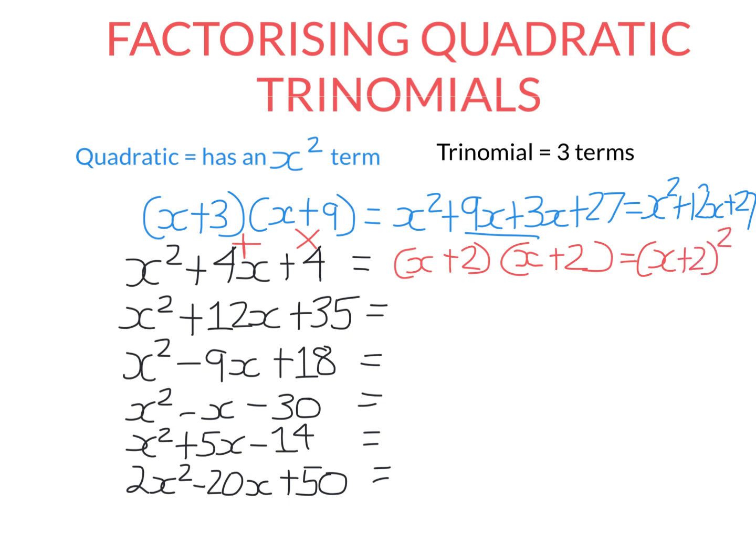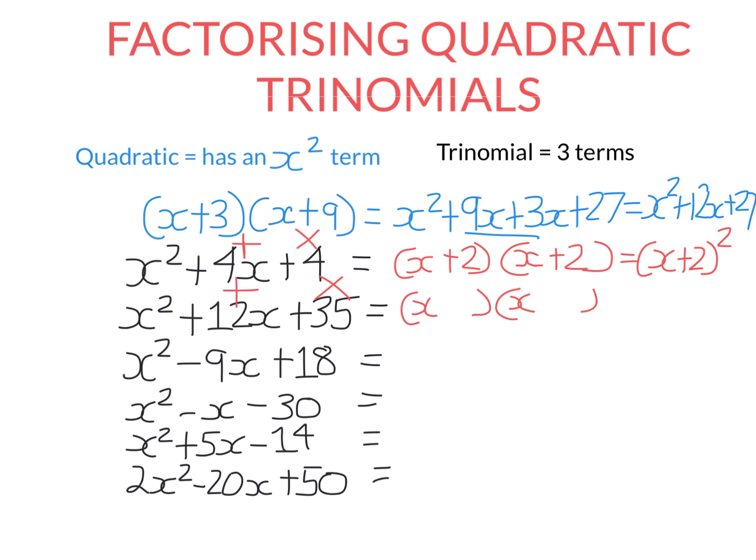Of course, when we factorize, our answer won't always be a perfect square. Let's look at x squared plus 12x plus 35. So we're going to factorize this. So we're going to put an x in each bracket. That's how we get the x squared term when we expand. And that x needs to go with a couple of numbers. So we need to find two numbers that multiply to 35 and add to 12.